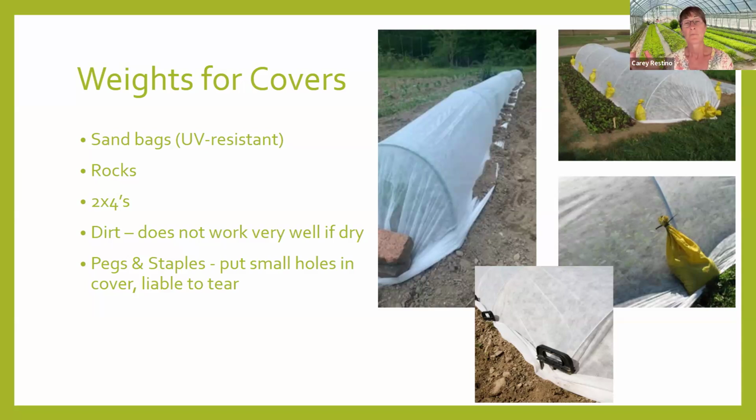And they make UV resistant sandbags. Highly recommend that as somebody who's been picking up sandbags and having them completely collapse on you because they've degraded. They also make some awesome ones, I think Bootstrap Farmer, or it might even be Farmer's Friend, has some, and I think I've even seen them on Amazon now.